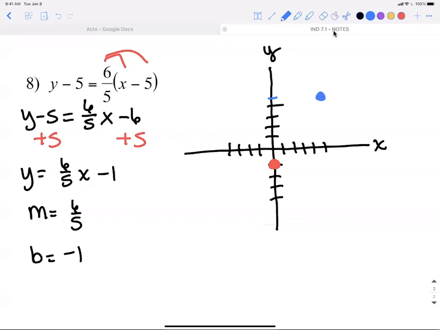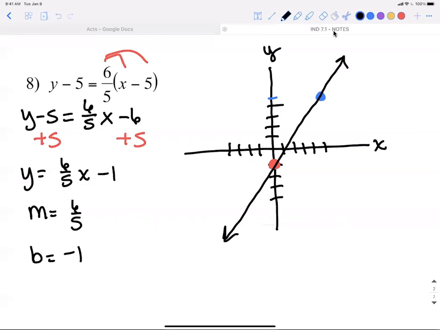And obviously this is not a perfect graph because it's hand drawn, but that's okay. And then I would graph my line, right? Little bit of algebra, a little bit of distribution, a little bit of multiplying fractions, but it's very doable.